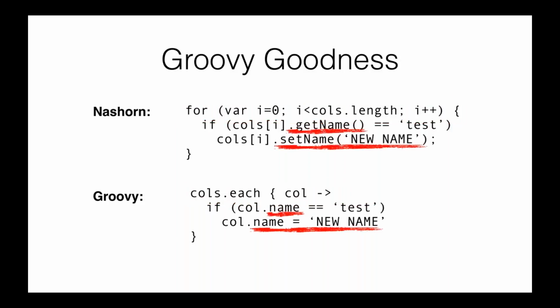Also, instead of the getters and setters, you can just directly reference properties. It's just very handy. Also, you don't need to use semicolons, and I like that because I forget which language I'm working in, and some of them need them and some don't, and it's just easier not to have to care because you can use them if you want.